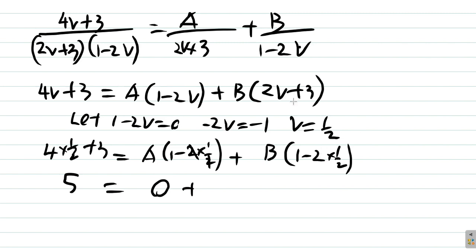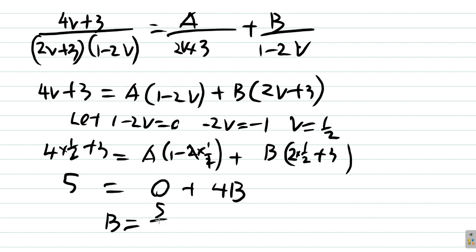It's b 2v plus 3. I wrote the wrong thing here. When I'm substituting, it should be b times 2v plus 3, but v is a half. 2 times half plus 3. 2 by half is 1. 1 and 3, 4. Is 4b. So b is equal to 5 over 4.